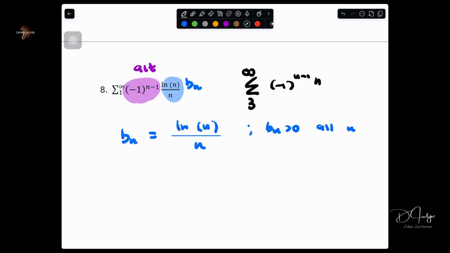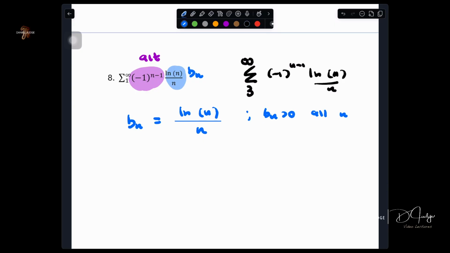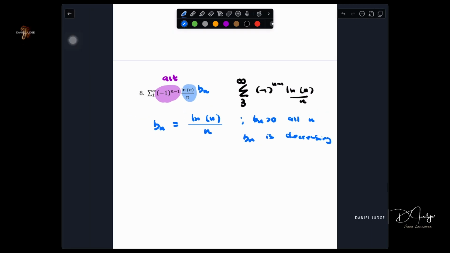I think it's very easy just to kind of remark here that now for this series, it is positive, but b to the n is decreasing starting at 3.